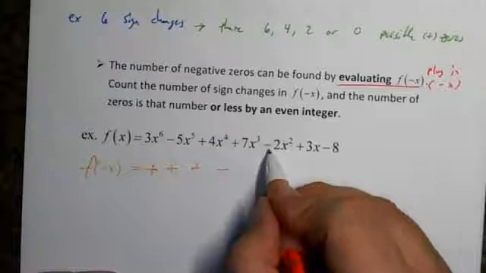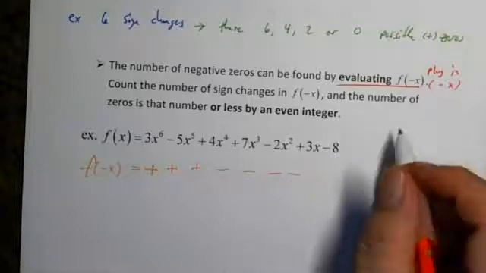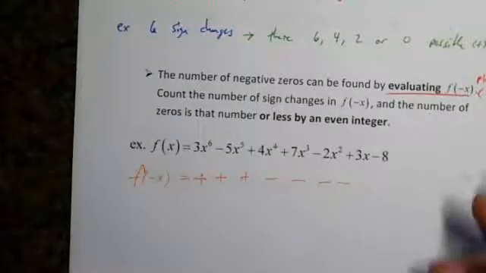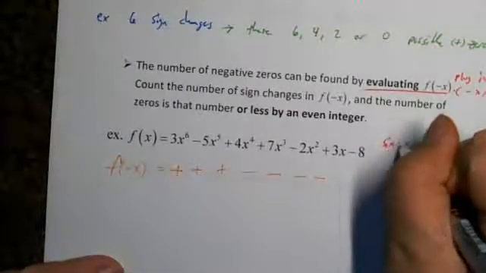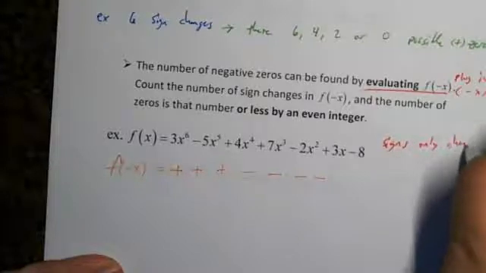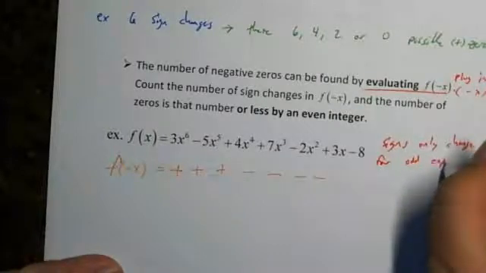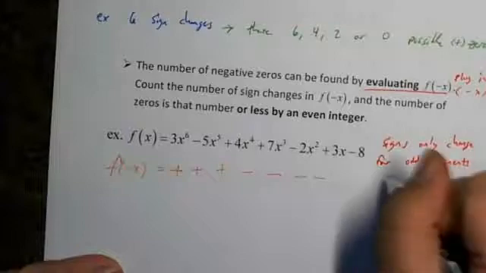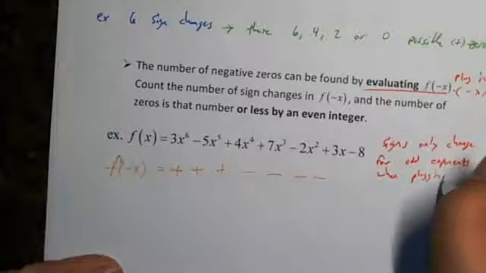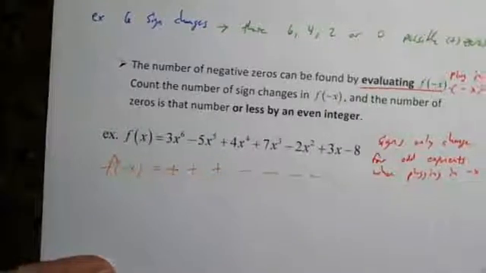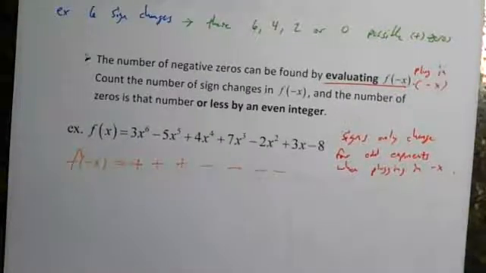Even degree stays the same. Minus. Odd degree changes. Minus. Constant. The constant does not change. Okay. So remember, signs only change for odd exponents when plugging in negative x. So when you plug in a negative x, the signs only change for the odd exponents.